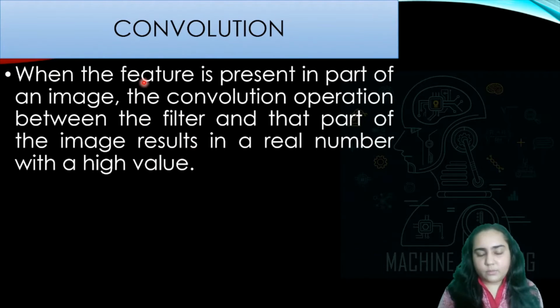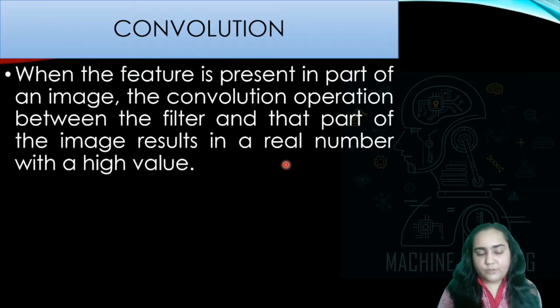So basically, it's about taking two matrices and trying to add them or multiply them to get some answer or to get some insight into whether or not there is an object to be detected or classified. And whenever a feature is present in part of an image, then the convolution operation between the filter and that part of the image results in a real number with a very high value.